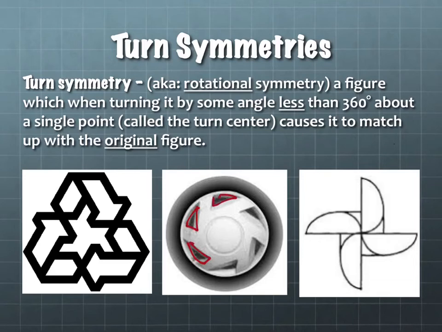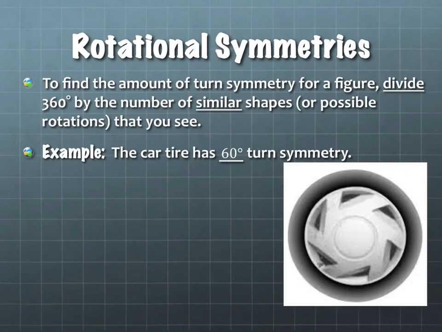They're not quite triangles, but around here, right? Those have to line up on themselves, and there's 6 of them. So as we look at our tire, to find the turn symmetry, we divide 360 by the number of similar shapes or possible rotations. 360 divided by 6 is 60.